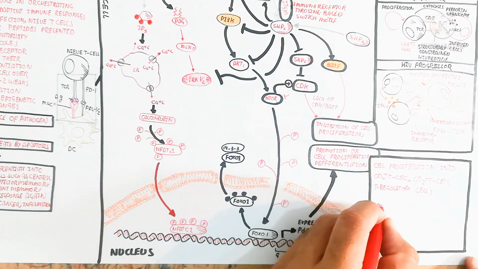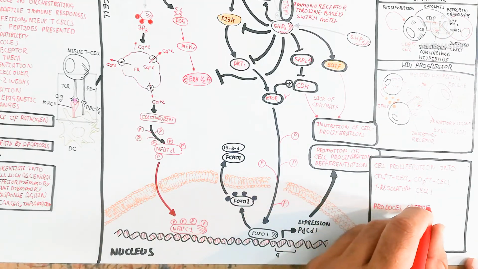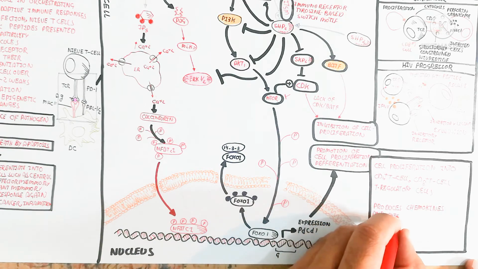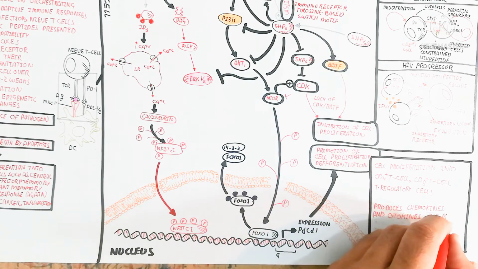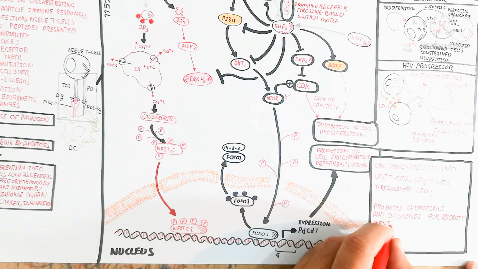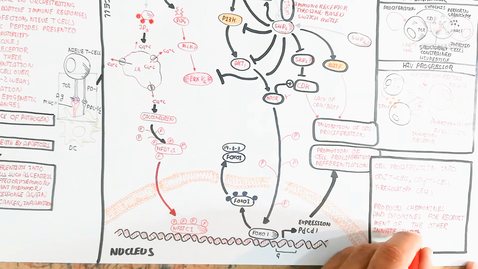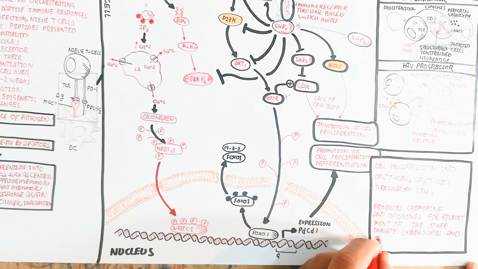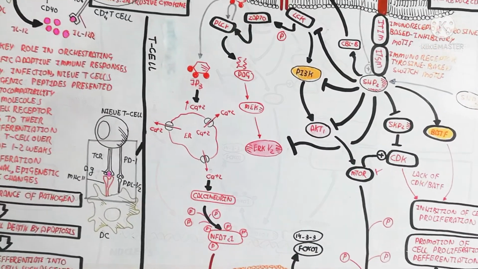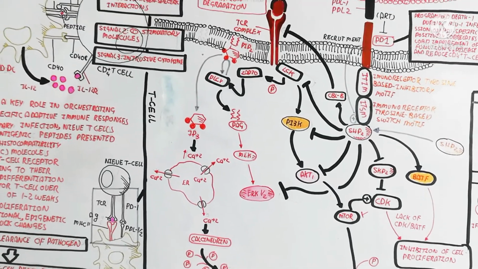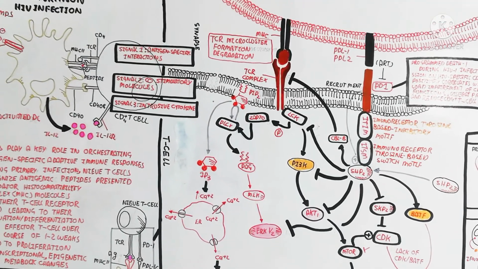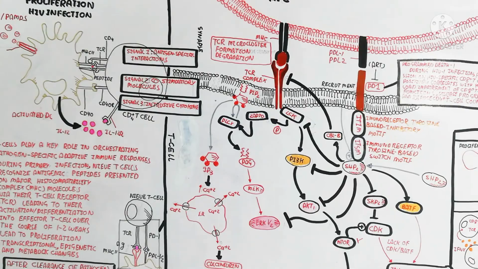In this way, the cell proliferation into CD8 cells and T regulatory cells, and the production of chemokines and cytokines for recruitment of other innate lymphocytes and adaptive immune cells like T cells and B cells, will not occur. All of this is related to the immune response. So when the HIV infected cell does not give the response, the infection will progress.